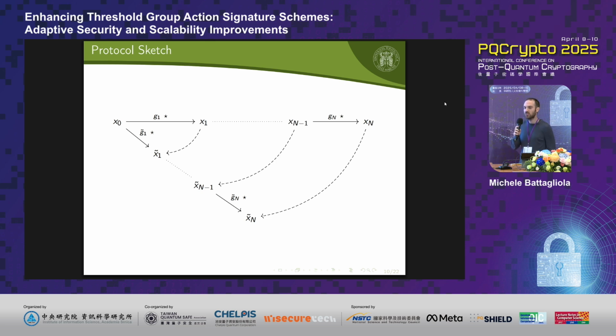Then you can extend this line sequentially: the second player applies on the left g tilde 2, and on the right g2 to the -1, and so on. Remember, the group is not commutative, so you must keep the order correct and proceed sequentially, but you reach the final line.